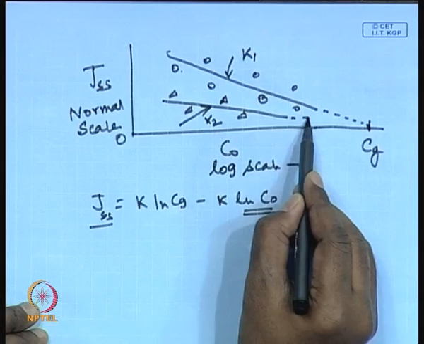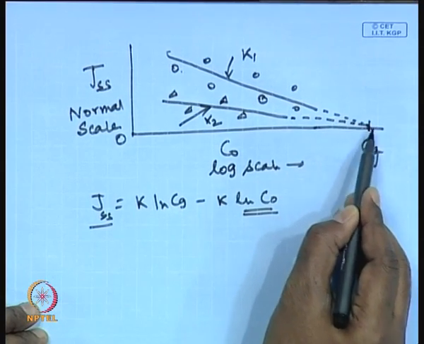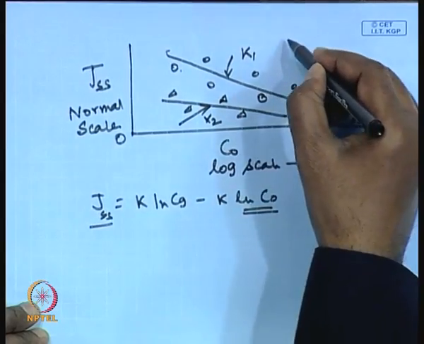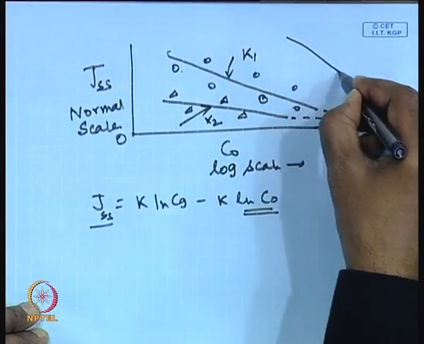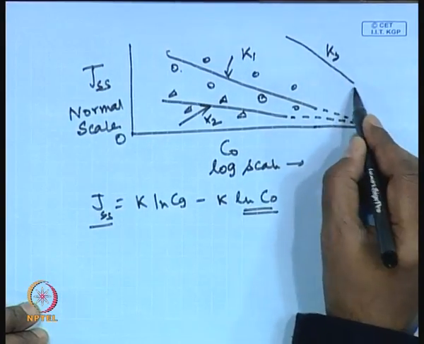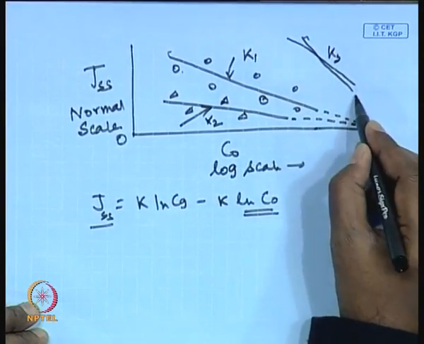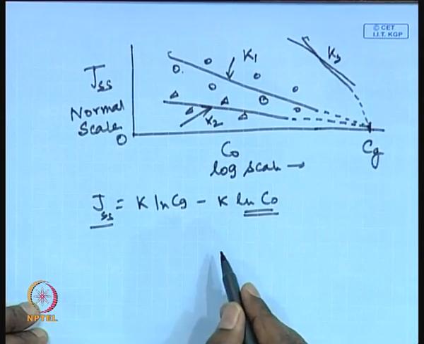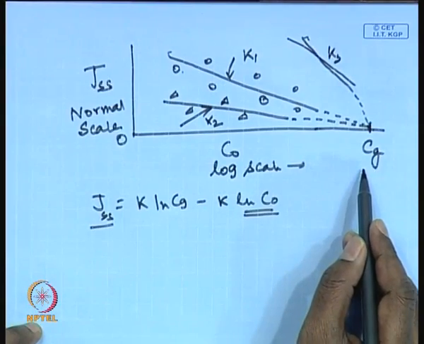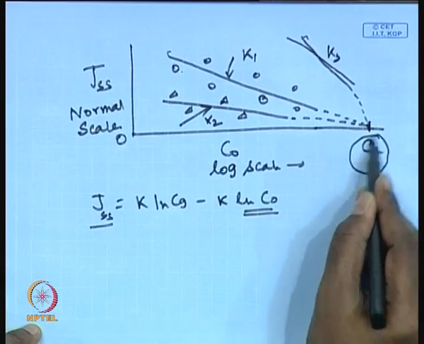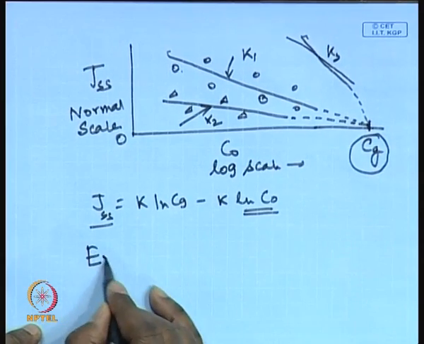Then if you extrapolate, they will converge almost at the same gel point. Similarly, you can conduct experiments for a different mass transfer coefficient, let us say K3, and they will be converging on the same gel point. So, that is how the gel layer concentration will be evaluated. If you plot this in a semi-logarithmic plot, the concentration that will be extrapolated will be the gel layer concentration.